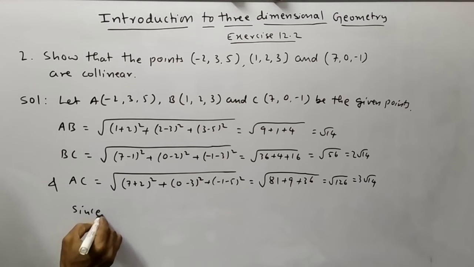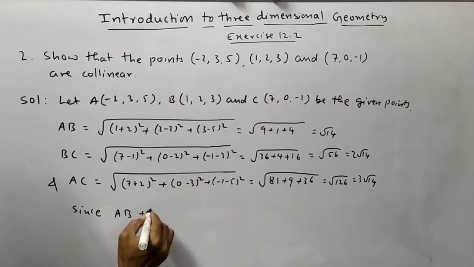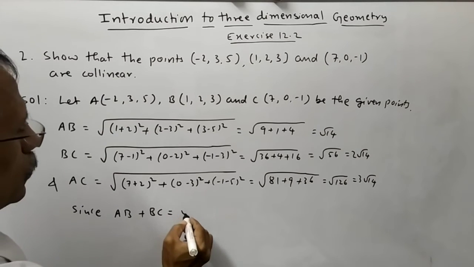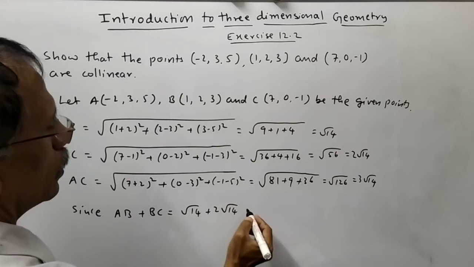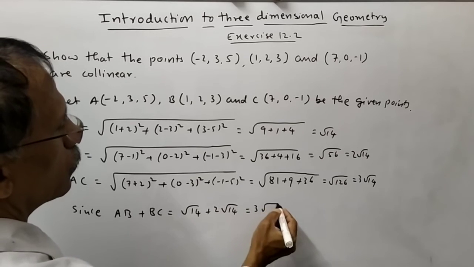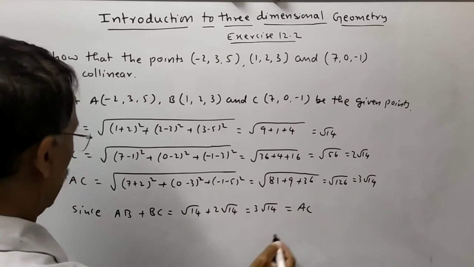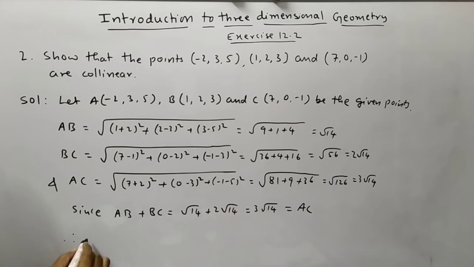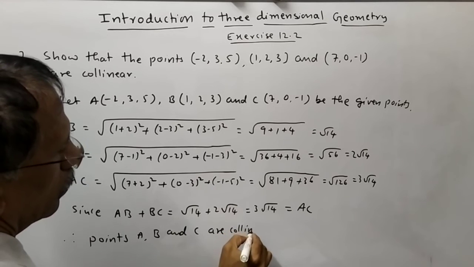Since AB plus BC is equal to square root of 14 plus 2 into square root of 14, is equal to 3 into square root of 14, is equal to AC. Therefore, points A, B and C are collinear.